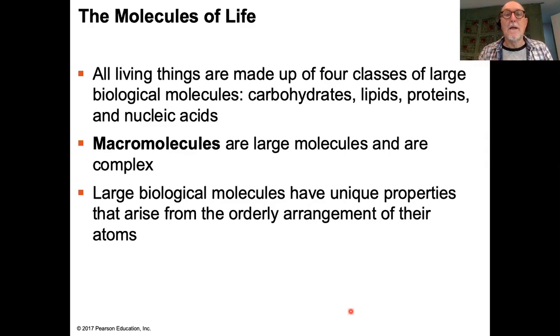So for example, a protein can be extremely long. A protein is composed of amino acids, a whole lot of amino acids all joined together in a long chain. But you must remember that the amino acids each have different properties, and I can gather amino acids with similar properties in one area of a molecule and confer that nature to the molecule. For example, there are hydrophobic amino acids.